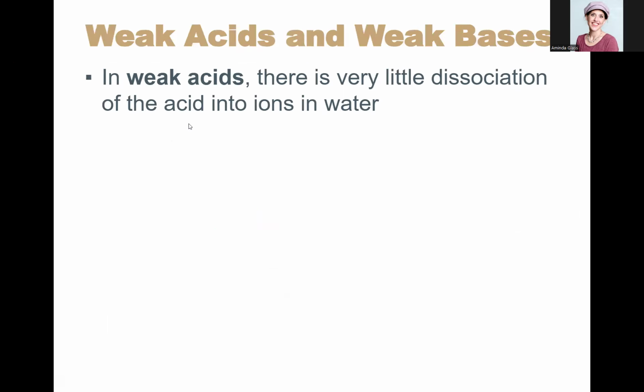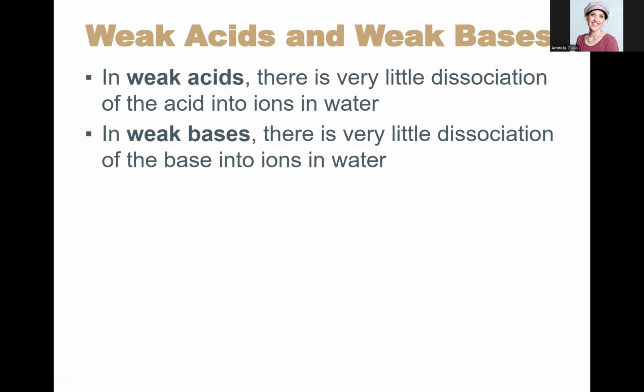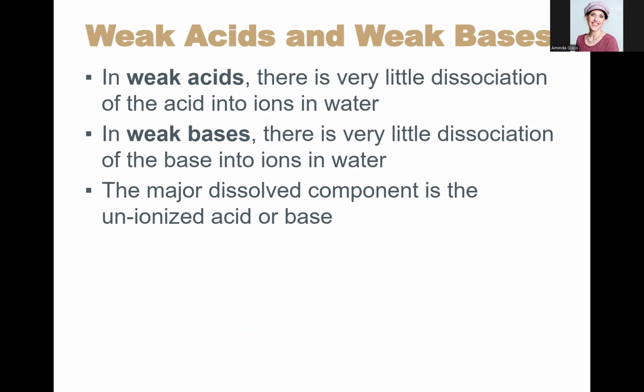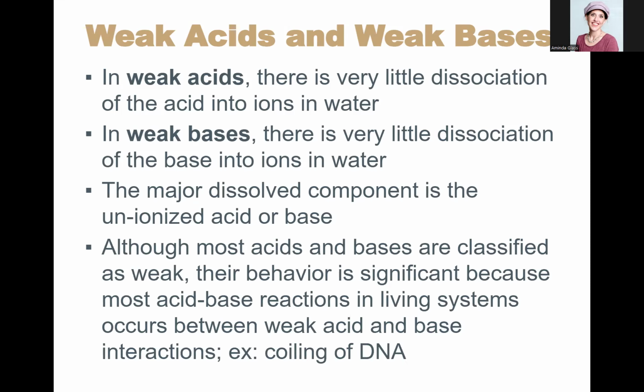Now, in weak acids, there's very little dissociation of the acids into ions in water. Same thing with weak bases. Very little dissociation of the base into ions in water. The major dissolved component is the unionized acid or base.